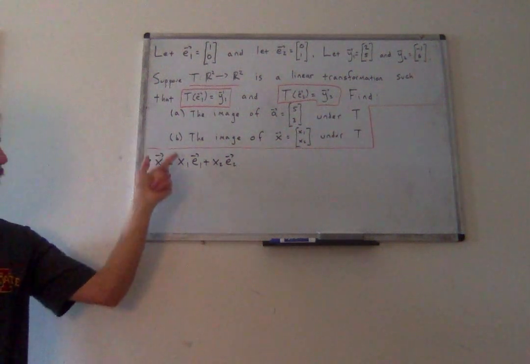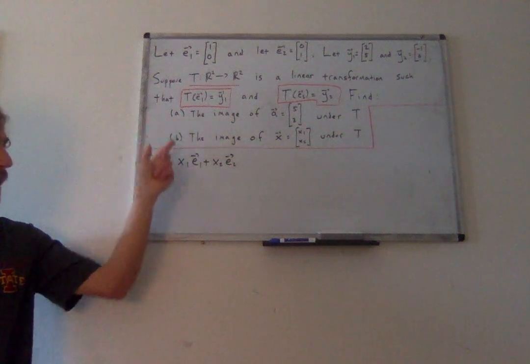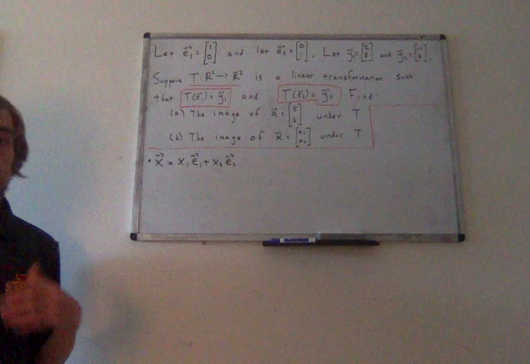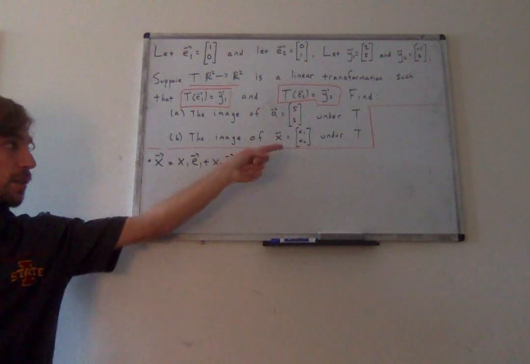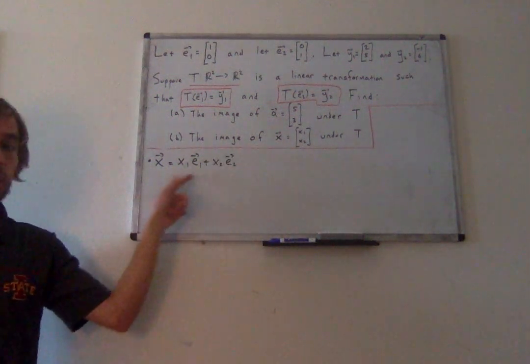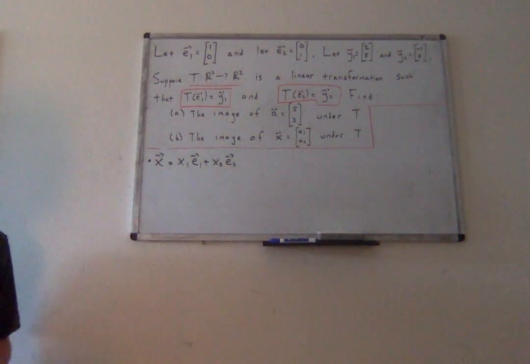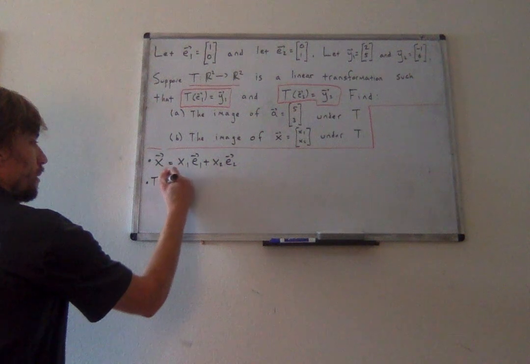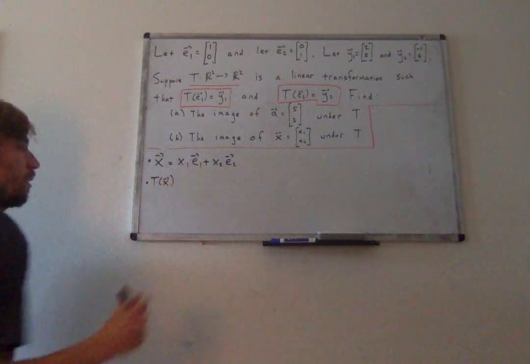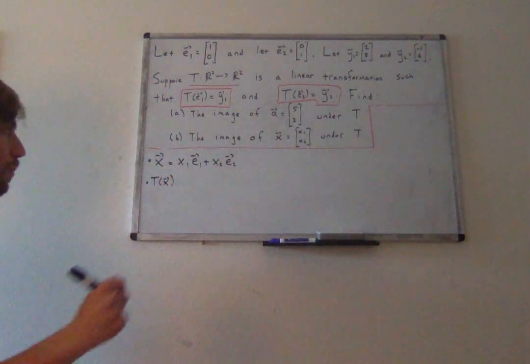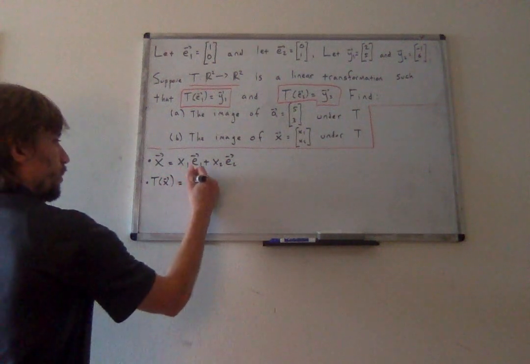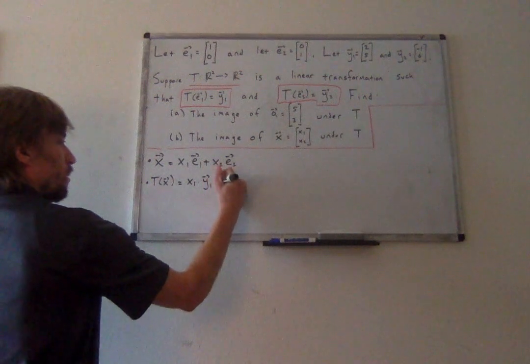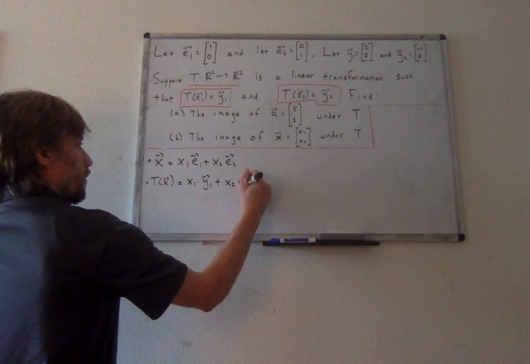And this is just taking what we found in part A and generalizing it to any vector. Because of how e1 and e2 are defined, every vector x, which is equal to x1 and x2, can be written like this. So that means that T of x, applying our linear transformation properties, is always going to be equal to x1 times the vector y1 plus x2 times the vector y2.